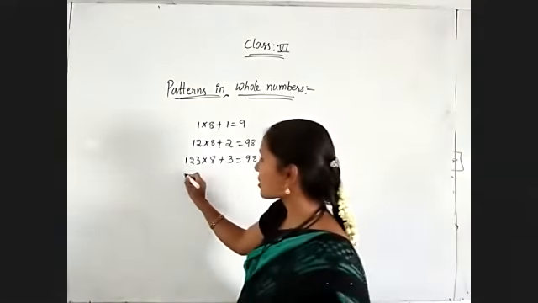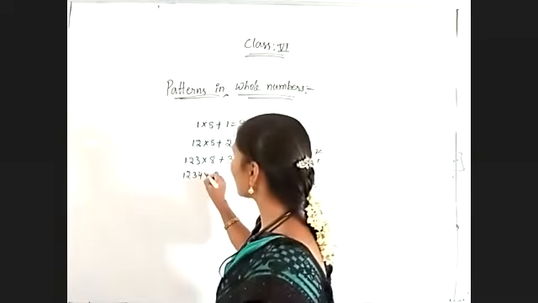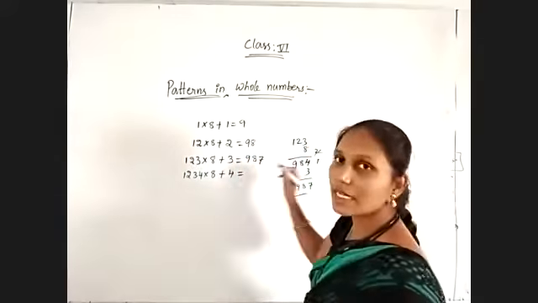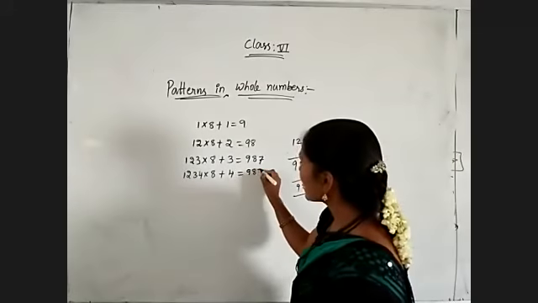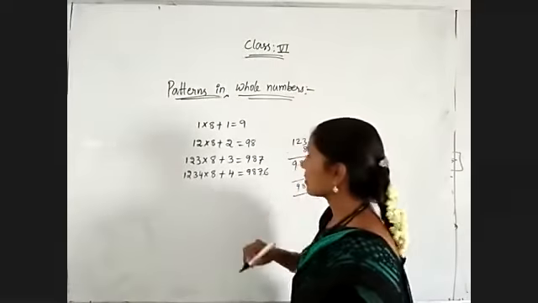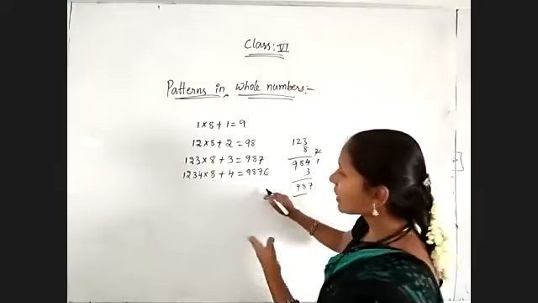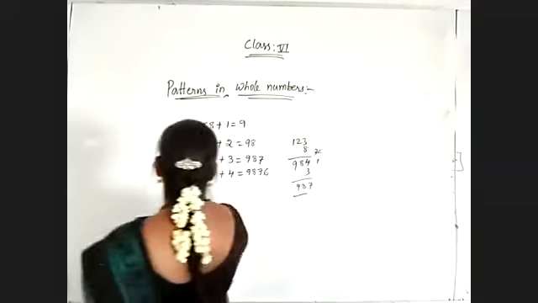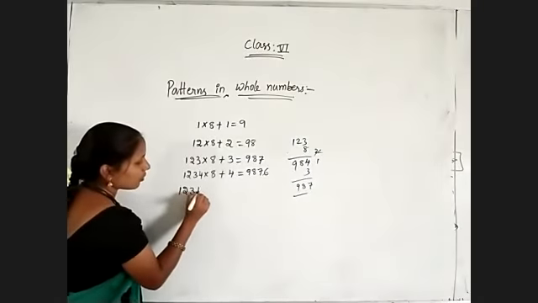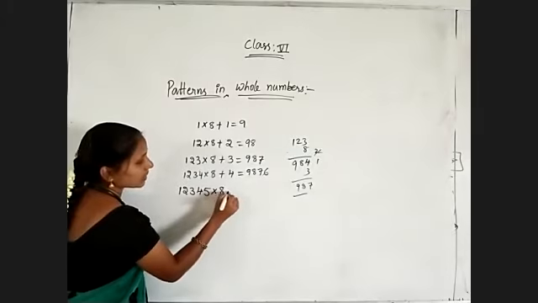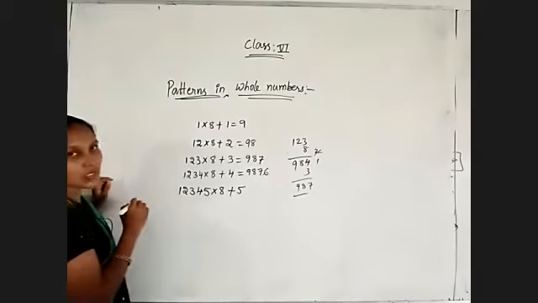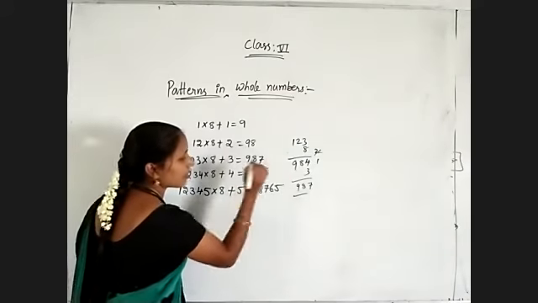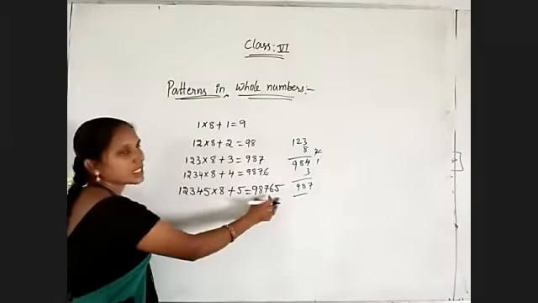Now coming to the fourth step, 1234 into 8 plus 4 is equal to, here I am getting descending order, 9 8 7, next number will be 6. So like this I have written 4 steps. Can we write the remaining steps? Now I am writing the fifth step, 12345 into 8 plus 5 is equal to 98765. In descending order we need to write, 5 digits we must get in the result.